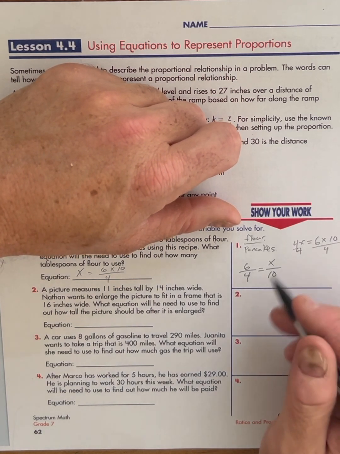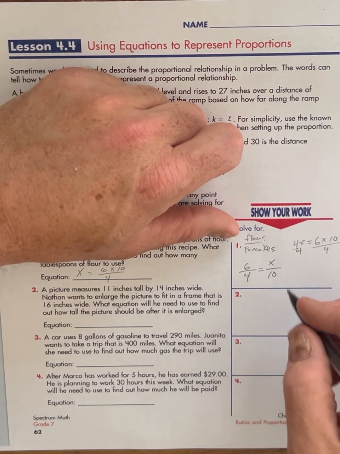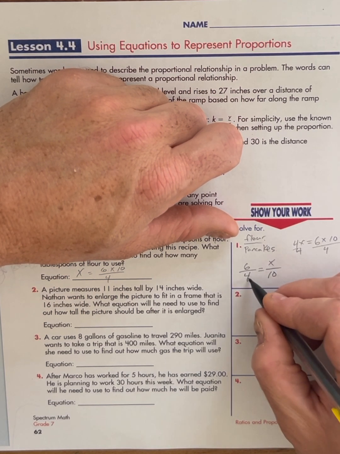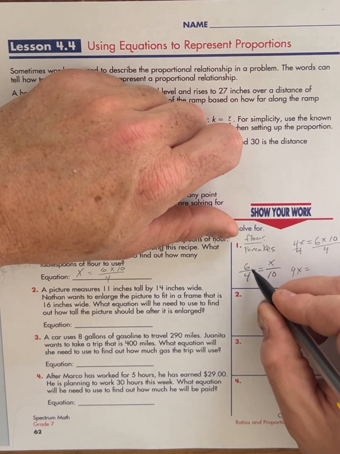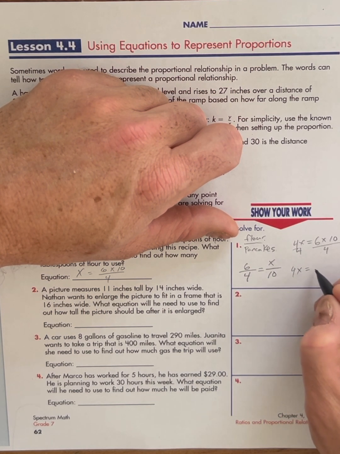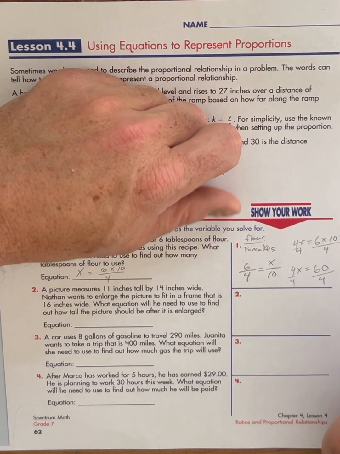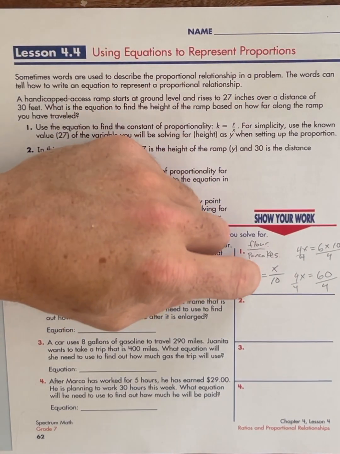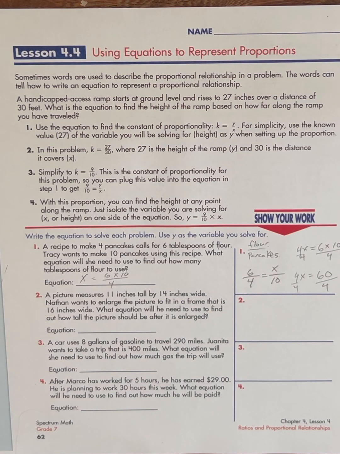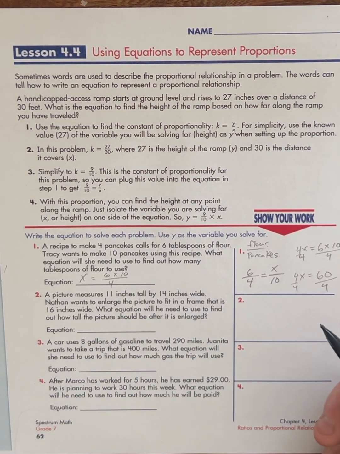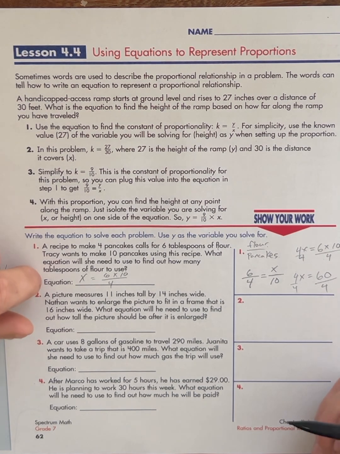So that's just solving it regular. You can also cross multiply, get the same answer. So 4x equals 6 times 10, which is 60, divide by 4, divide by 4. Same answer, whether you cross multiply or solve it regular. But they just want you to put the equation, though we could easily solve that.